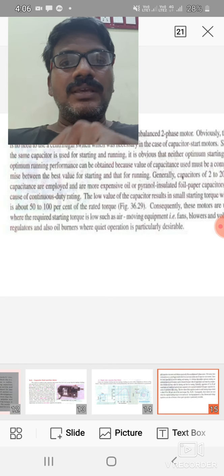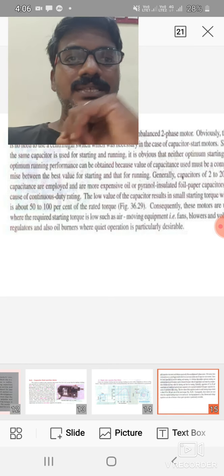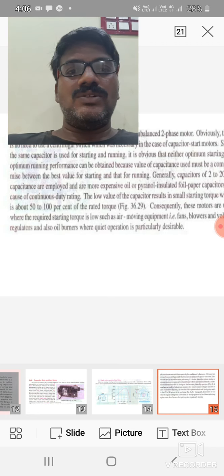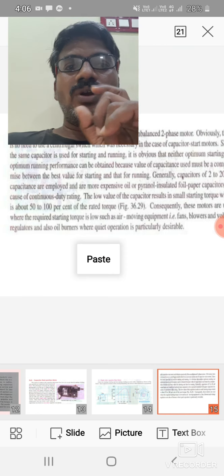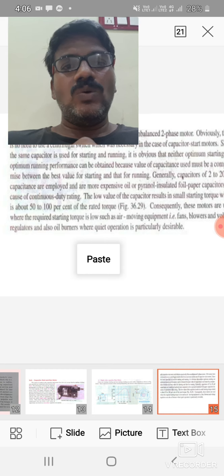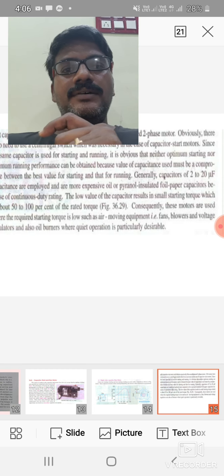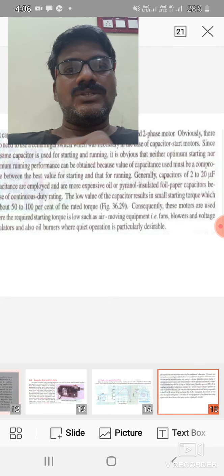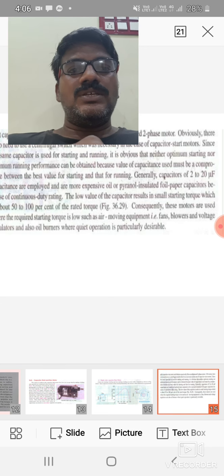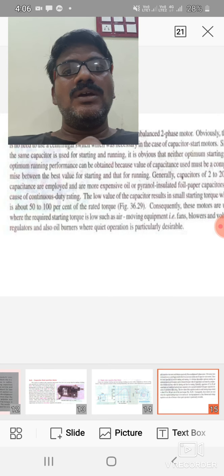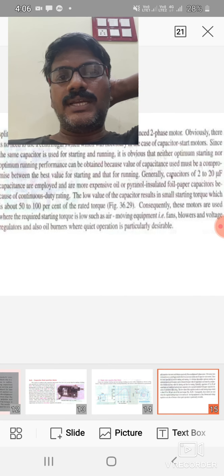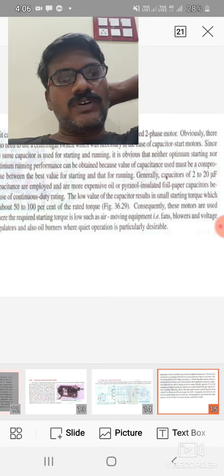But here we have to use a low value capacitance for the running condition also. So we have to compromise the capacitance value. The capacitance used must be a compromise between the best value for starting and that for running.